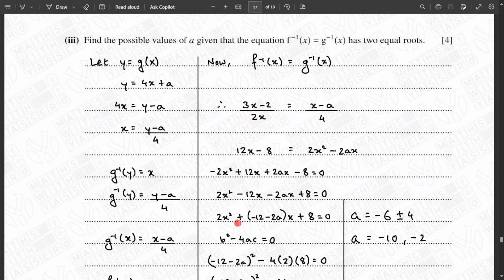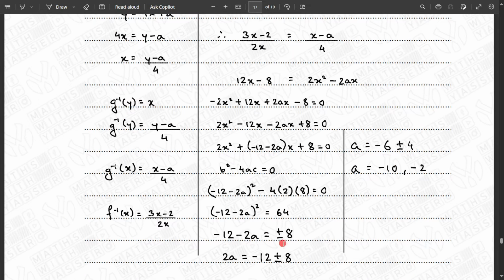So, let's now convert this equation into the form ax squared plus bx plus c. So this will become 2x squared plus, I'm taking all the coefficients of x common, so this will be (minus 12 minus 2a) x, and this will be the constant. Since it says that we need to find the possible values of a for which it has two equal roots, that means b squared minus 4ac should be equal to 0.